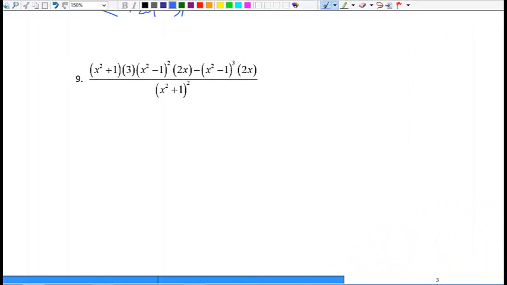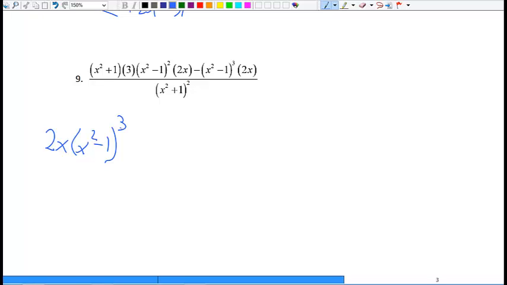Okay, in the very last example, we're going to illustrate a factoring technique rather than a fraction technique, and try to make it a little bit easier for us. So looking at the numerator, what's the biggest GCF we can take out? Well, I know for a fact I can take out a 2x because I see both things in the numerator have that. And I see that they both have an x squared minus 1 cubed.